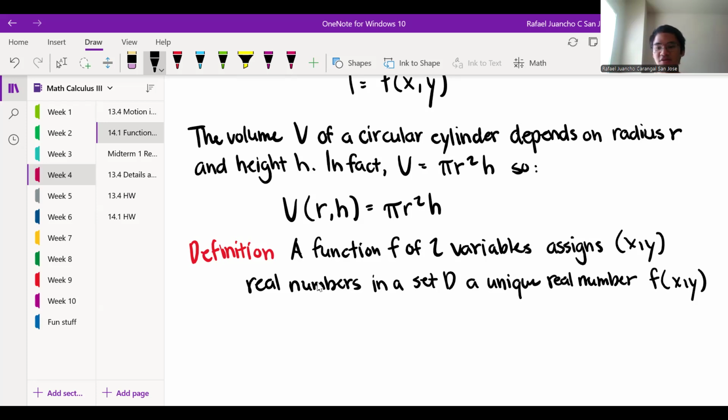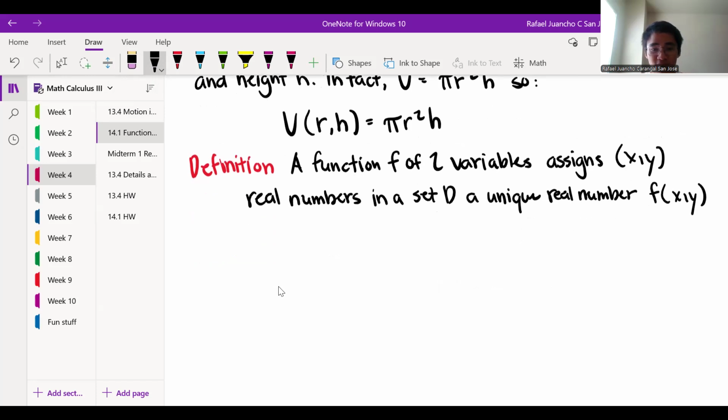So what I'm saying here is I'm plugging in two values for x and y, where x and y are both real numbers. And then I get some corresponding f, which is also a real number. Right? What else can I say about it?